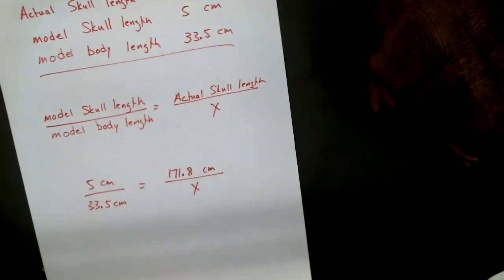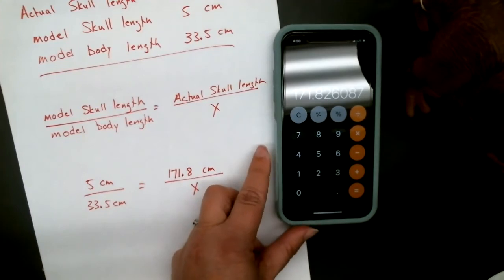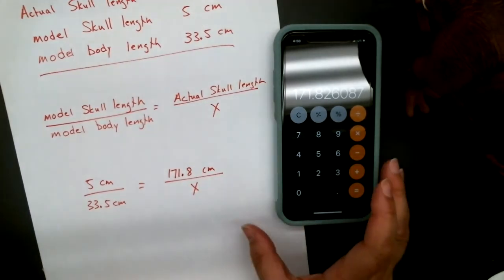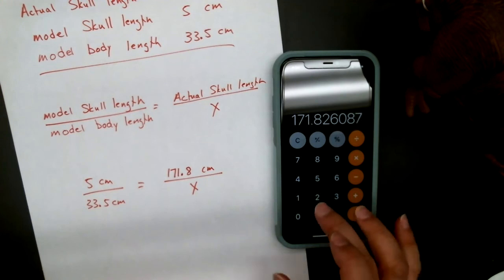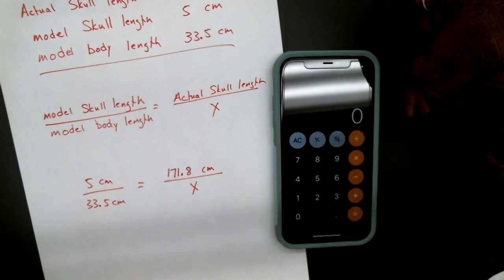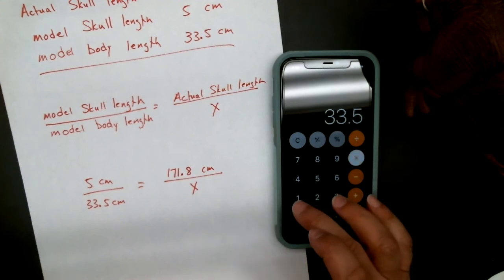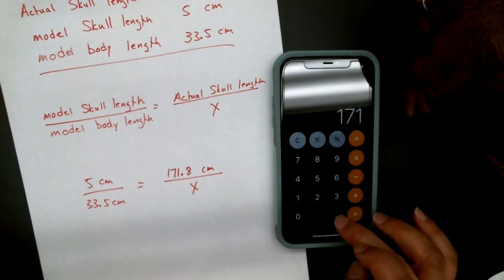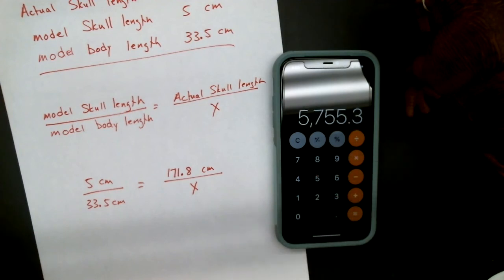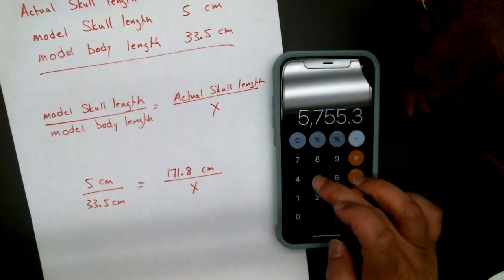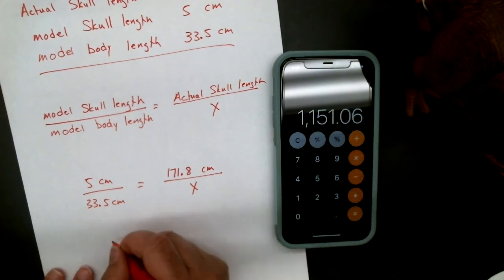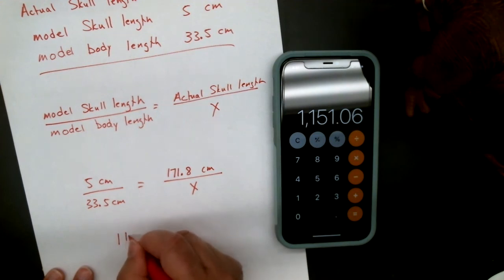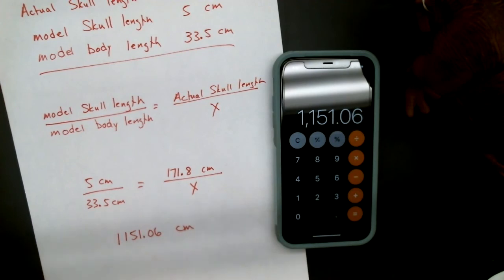So we have 33.5 cross multiply times 171.8. And then we're going to divide by 5. And that gives us 1,151.06 centimeters.